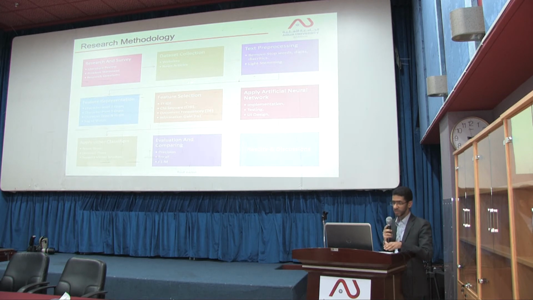The next phase is applying the artificial neural network: implementation of that classifier, testing of that classifier, and the UI design for that application. The next phase is applying the other classifiers, and then evaluating and comparing the results of these classifiers.